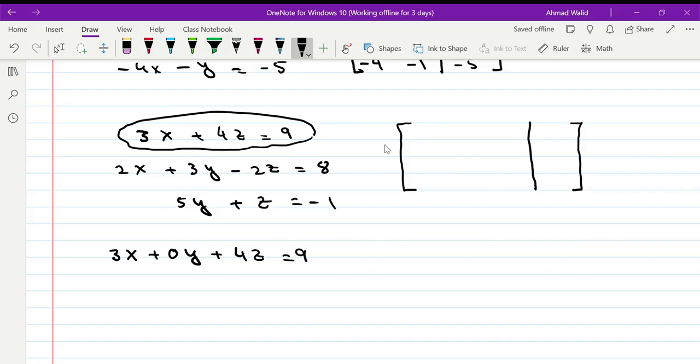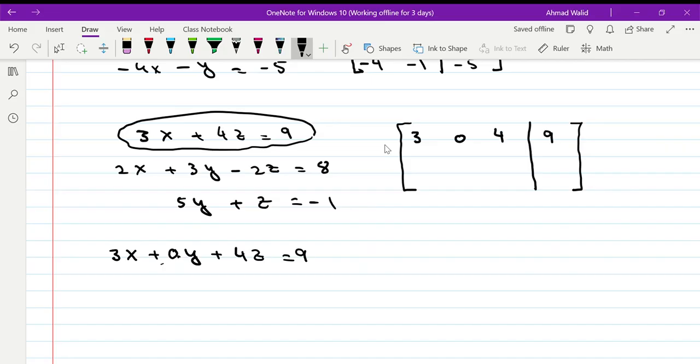Y is not there. 0 times y means y is not here, but when you complete it, the coefficient of y is actually 0. When you write your augmented matrix, be careful to replace any variable that is missing in your system. Replace it with what? With 0. Correct?